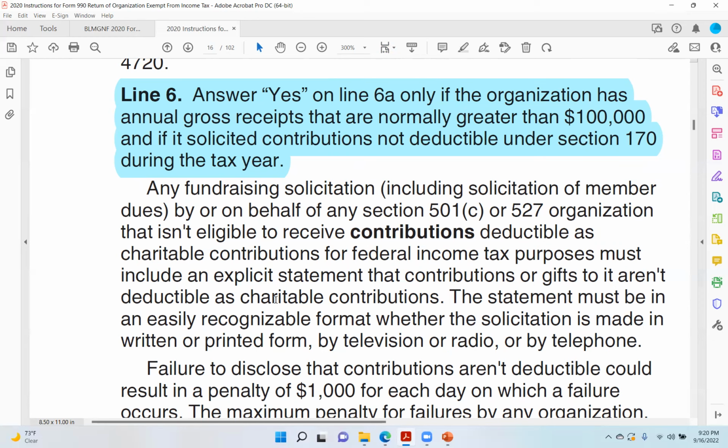So, did I read that question incorrectly? Answer yes only if the organization has gross receipts normally greater than. Did this organization have gross receipts greater than $100,000?